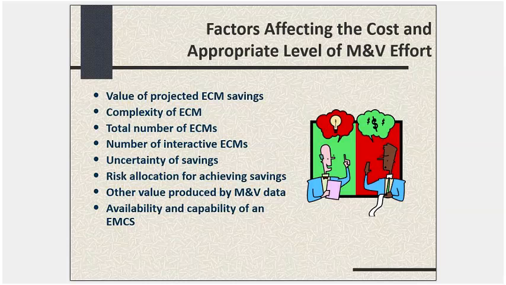Then you look at whether or not there are other ECMs interacting with each other. Well, the more discrete ECMs you have, potentially the more of them could interact with each other if they're in the same functional facility or building. And then you look at how uncertain the savings are, as we talked about in that previous slide. Are the savings highly certain? With lighting savings, given appropriate measurements of the baseline and appropriate design, there is relatively low uncertainty.